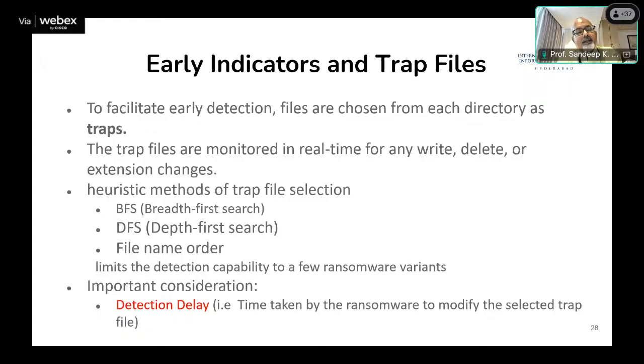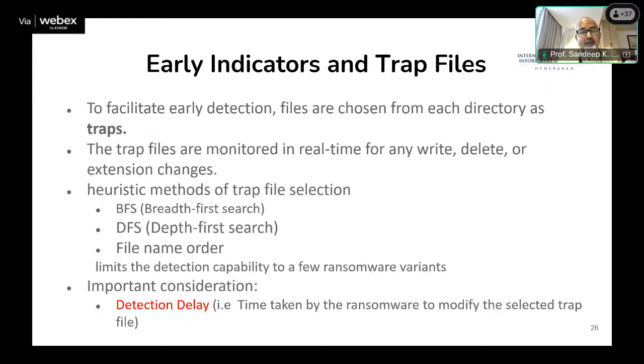Or I will also use the trap files. So I can put in the trap files and use both pieces of information. I try to see whether the registry information tells me that some anomalies are detected in the registry, as well as a trap file being read and encrypted at the same time.